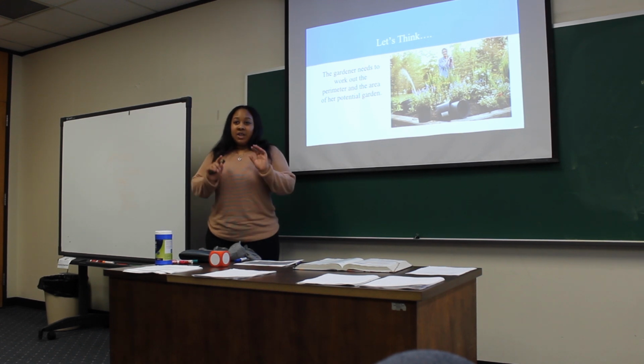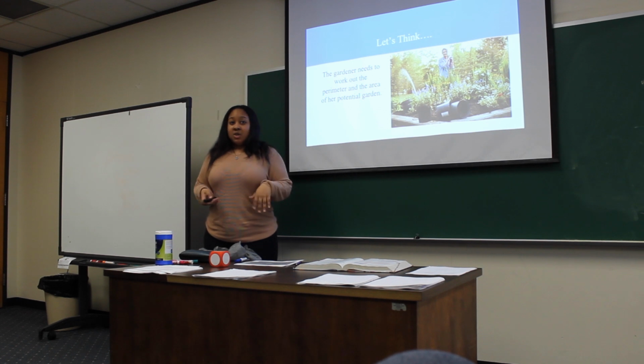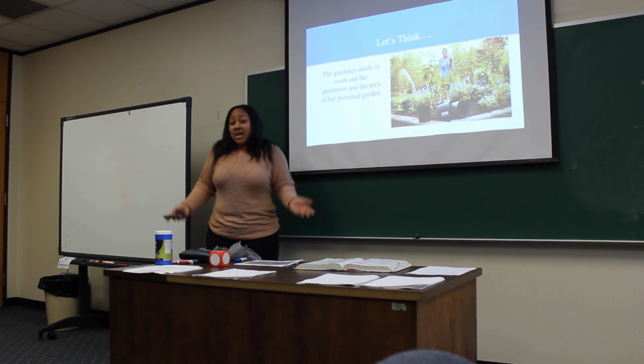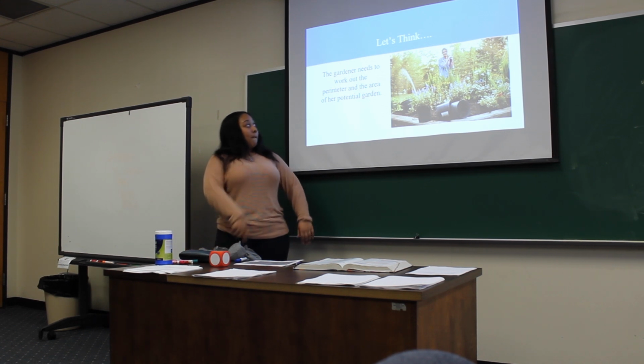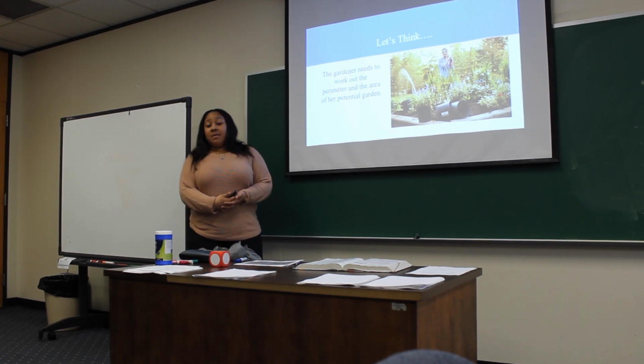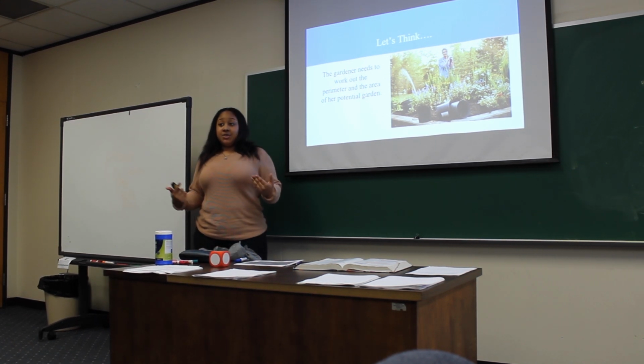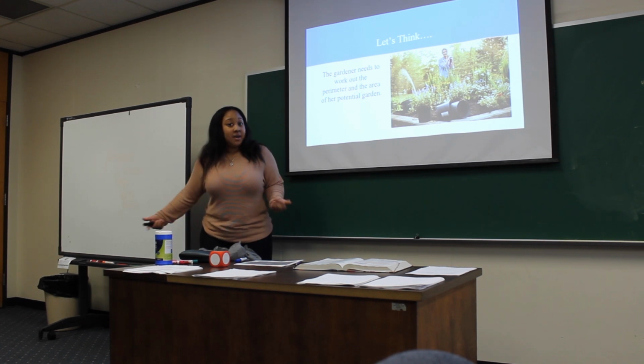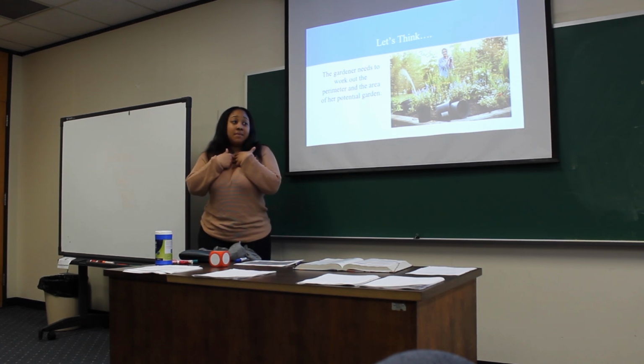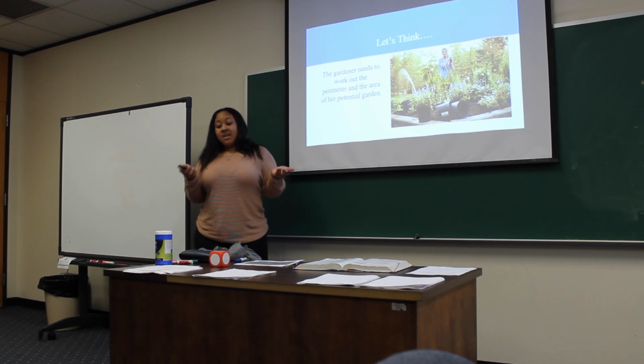But I noticed that the way she set it up, she had a plan, like a map, to where she wanted to place her vegetables or different fruits that she would like. So the gardener needs to work out the perimeter and the area of her potential garden, which would be my grandmother. But of course, with me being new to gardening, I didn't know that until now.